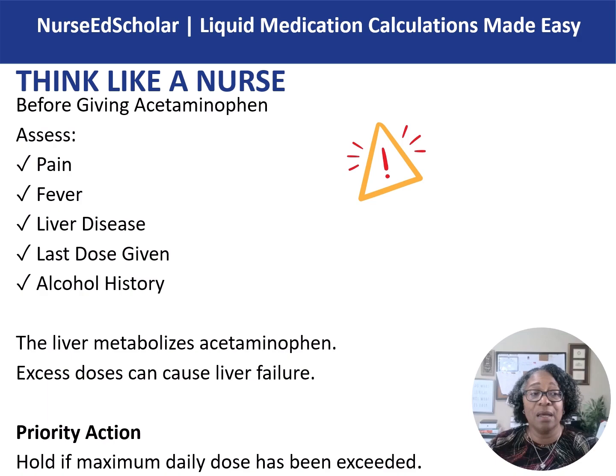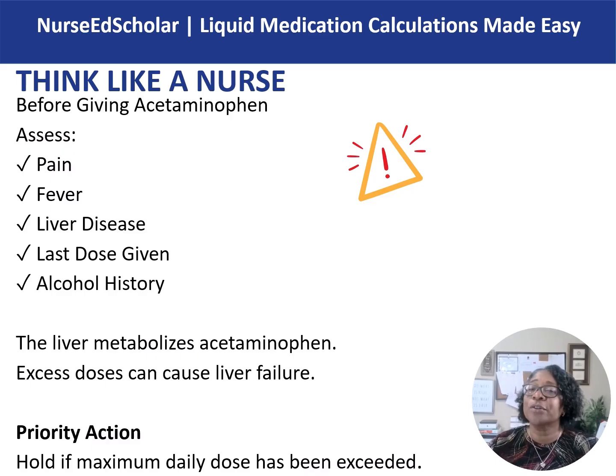Also ask about alcohol abuse, because same thing, the alcohol will affect the liver, and if a person's liver is compromised, taking too much Tylenol can cause liver failure or worsening liver failure. And then also when the last dose was given, because you want to give it at least every 4 hours apart.